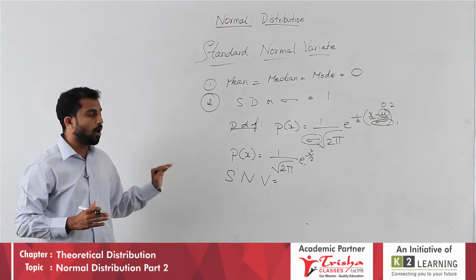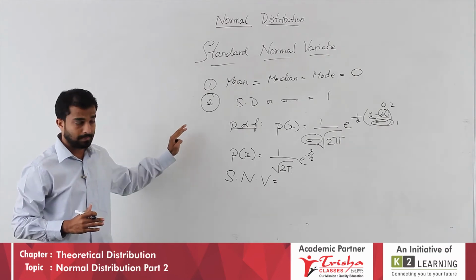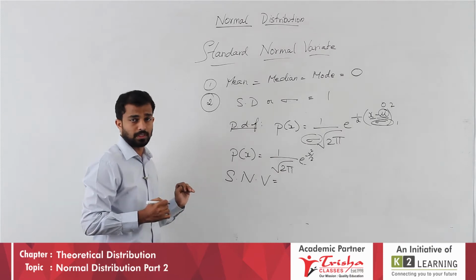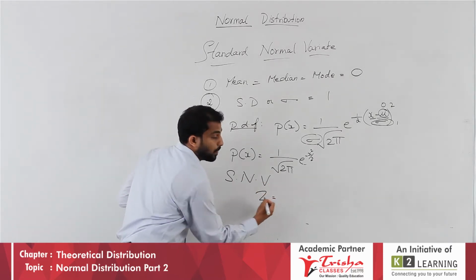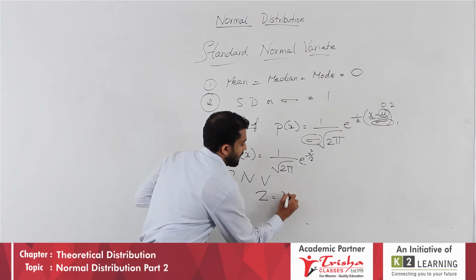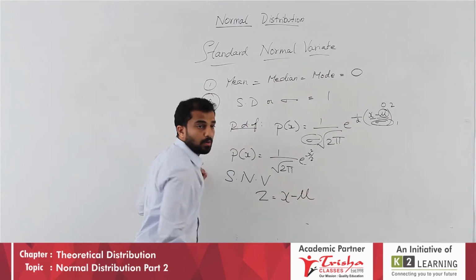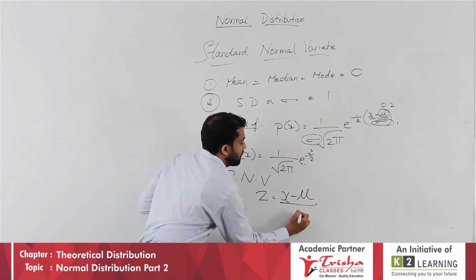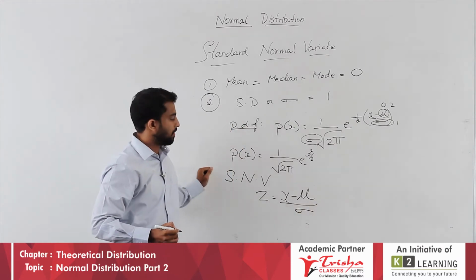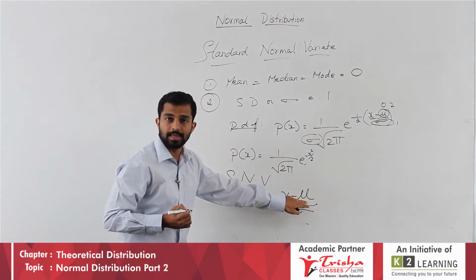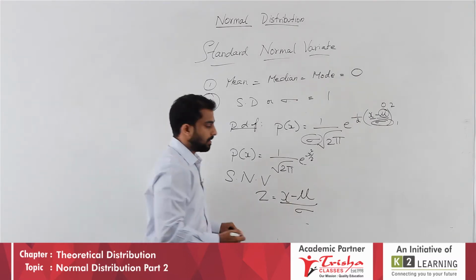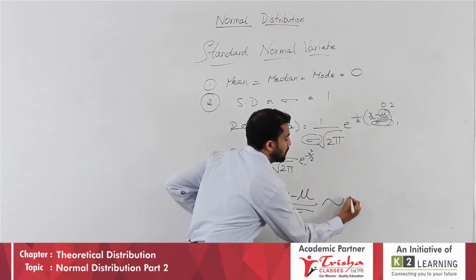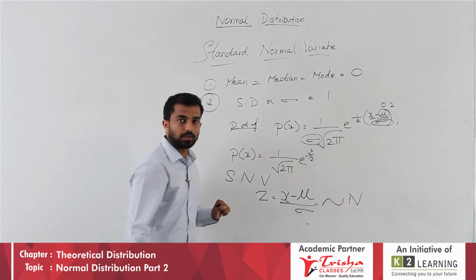And standard normal variate for normal distribution is Z is equal to x minus mu divided by sigma, where mu is the mean, sigma is standard deviation, and this one follows normal distribution.